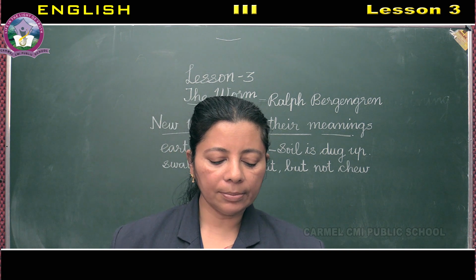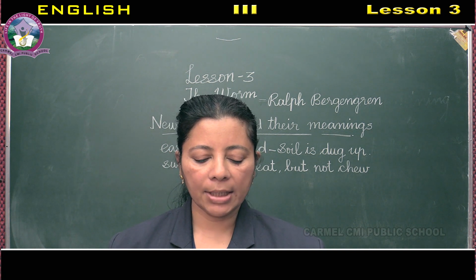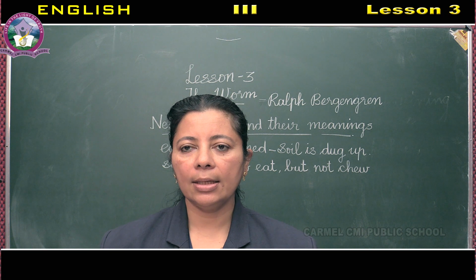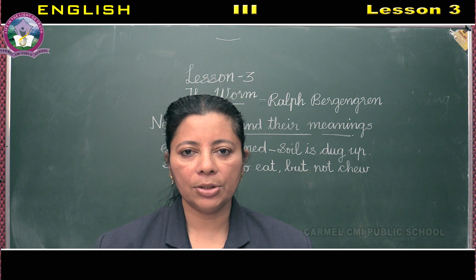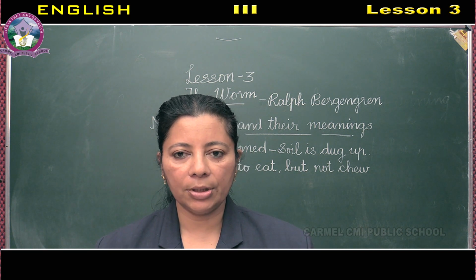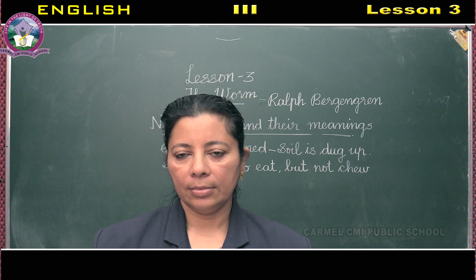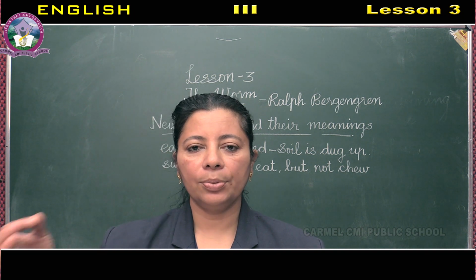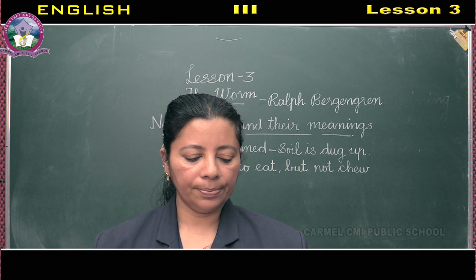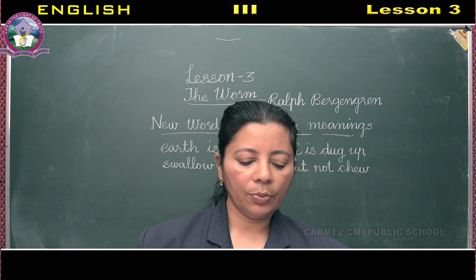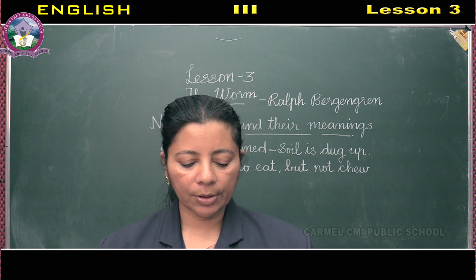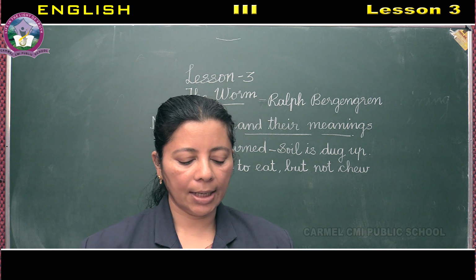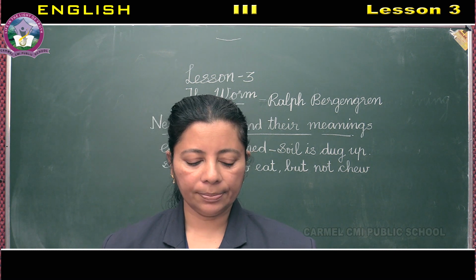He put a worm right on my tongue. That means he took a worm. You can see in the picture how he is taking a worm and putting it into his mouth, directly to his tongue.